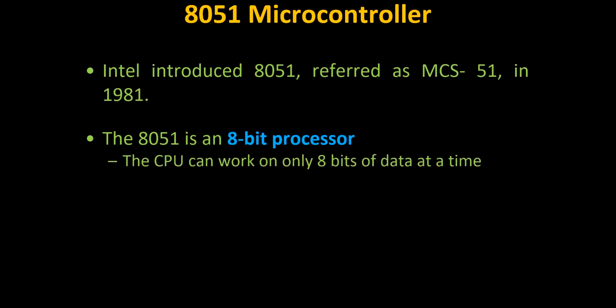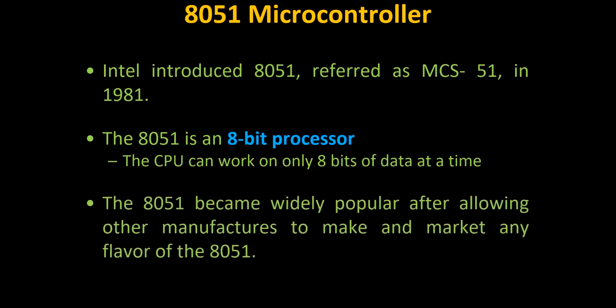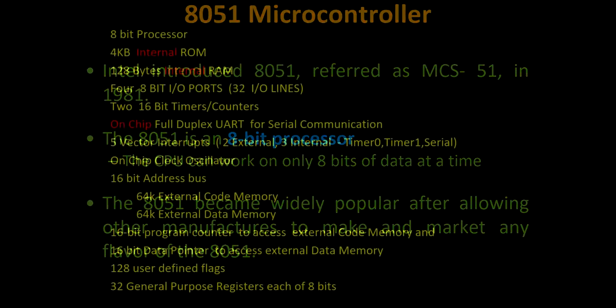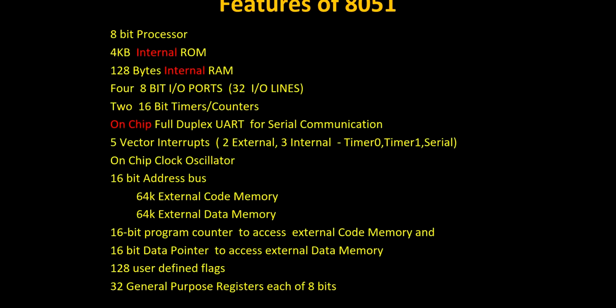This CPU can work on only 8-bit of data at a time, that's why it is an 8-bit processor. The 8051 became widely popular after allowing other manufacturers to make and market any flavor of 8051. So we'll see some of the main features of 8051.